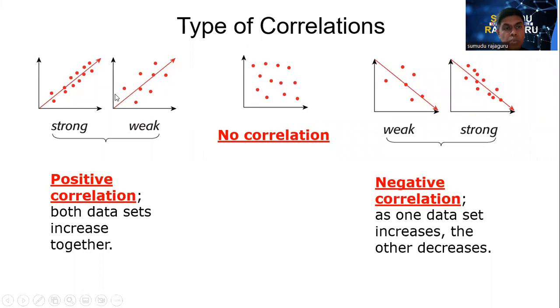Within the positive also, if all data points lie very close to the best fit line, it is called strong positive. If data points are a little further from the best fit line, we call it weak positive correlation. Likewise, there are strong negative correlations and weak negative correlations also. These are the types of correlations.